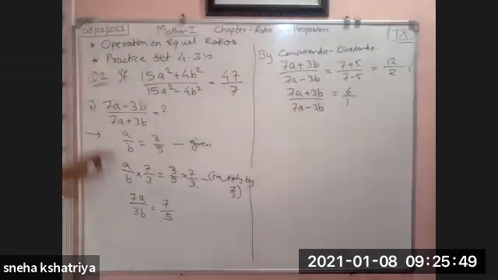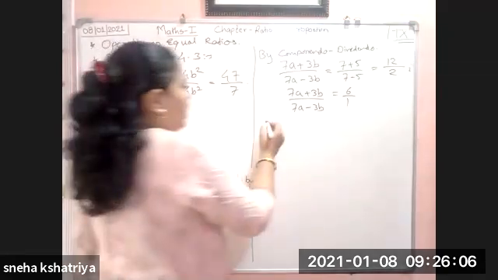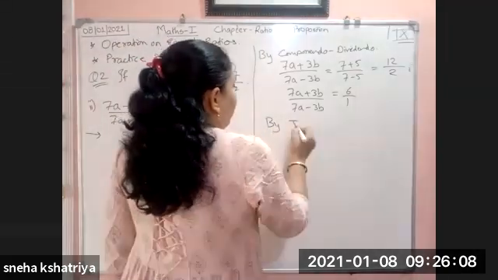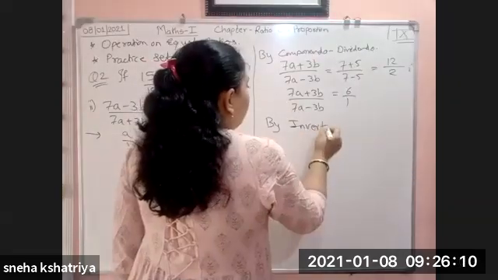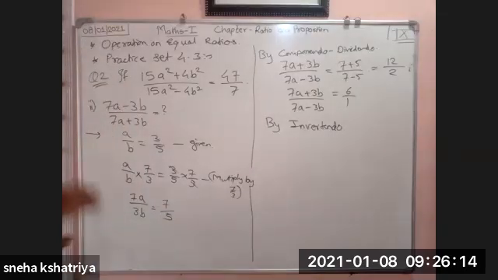But what do we have to find out? 7A minus 3B upon 7A plus 3B. Whatever the numerator is, that should come at the denominator, and whatever the denominator is, that should come at the numerator. For changing numerator and denominator, we have one more operation, invertendo. By invertendo, we can directly write the opposite: the numerator we write at the denominator and the denominator at the numerator.